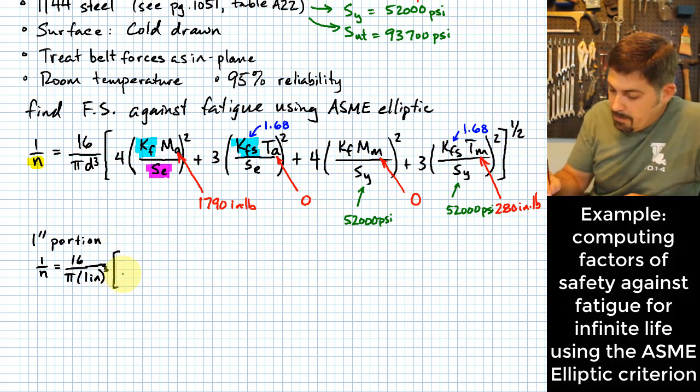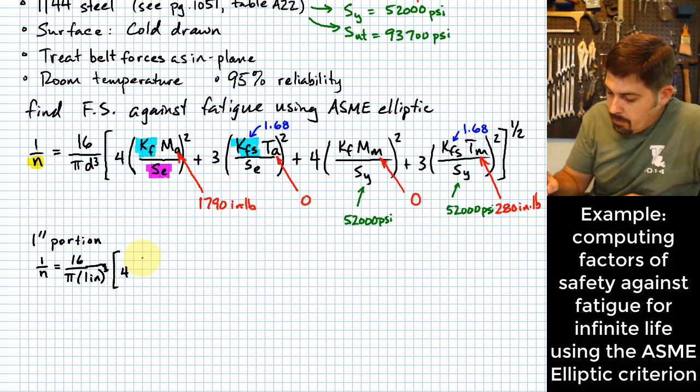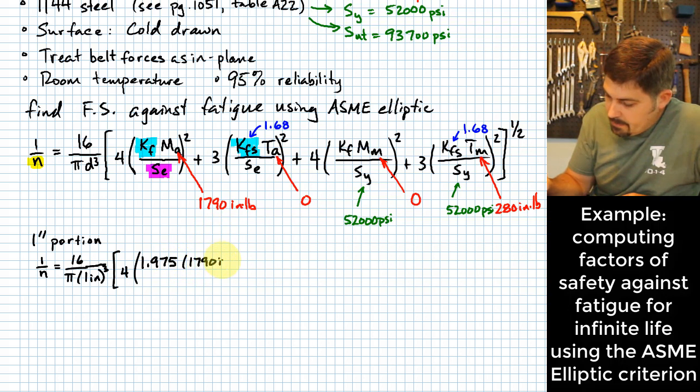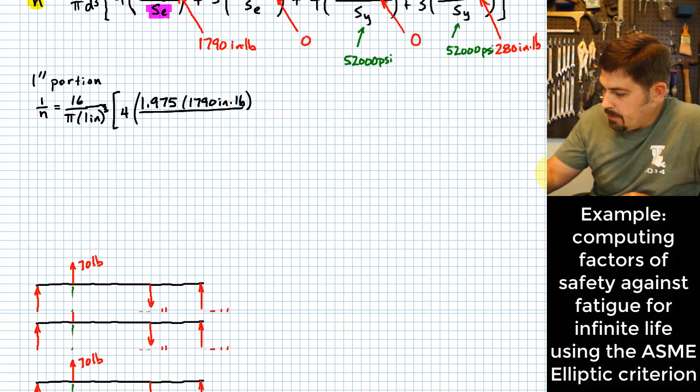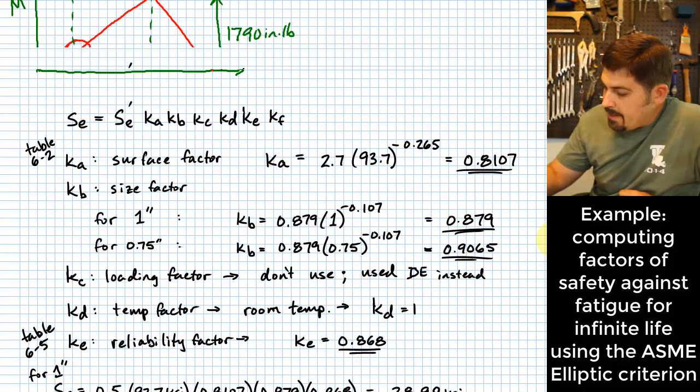This gets multiplied by 4, and then my k sub f value for the 1-inch portion of the shaft was 1.975. M sub a was 1790 inch-pounds. S sub e, if we look at the 1-inch portion, S sub e would have been 28.98 KSI.